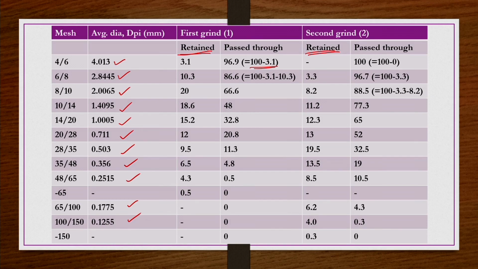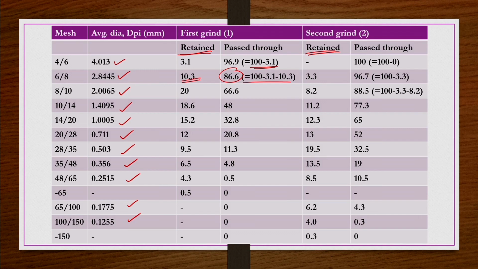Similarly, in the next case, 3.1 plus 10.3 is the amount of material retained up to screens 4 and 6, and the rest has passed through: 100 minus 3.1 minus 10.3, which is 86.6% of material passed through mesh 6.